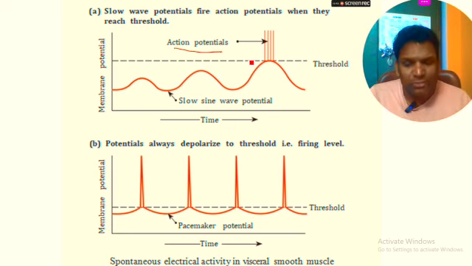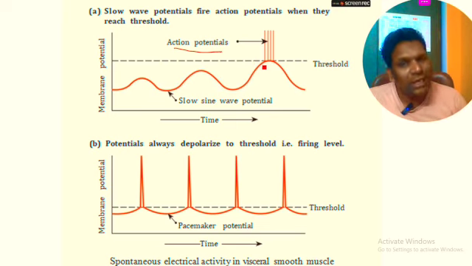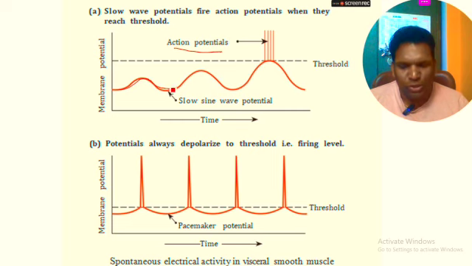Next, spike potential initiated by slow wave rhythm. Slow waves occur in a rhythmic fashion, and this is seen in tissue containing pacemaker cells in the smooth muscle of the gut. As explained already, spike potentials appear at the peak of the rhythmic contraction. These potentials are self-excitatory due to opening of the calcium channels, which causes the depolarization.